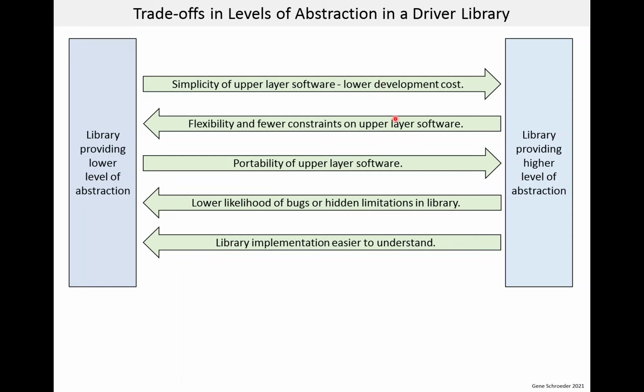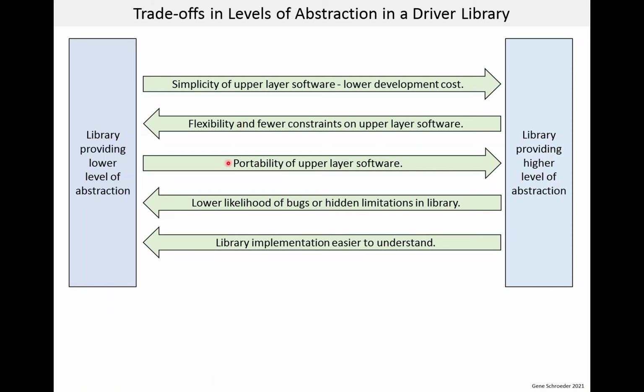On the other hand, flexibility and fewer constraints on the upper layer software improves with lower abstraction in the library. There are fewer times that the developer of the upper layer will look at the API and say this API doesn't really fit with our software architecture. In this case, it's an advantage that you have to handle more details.